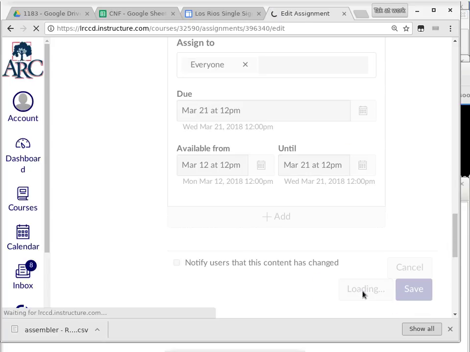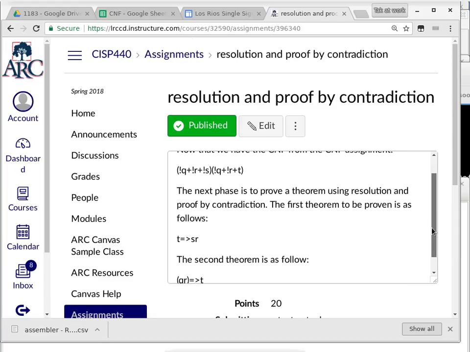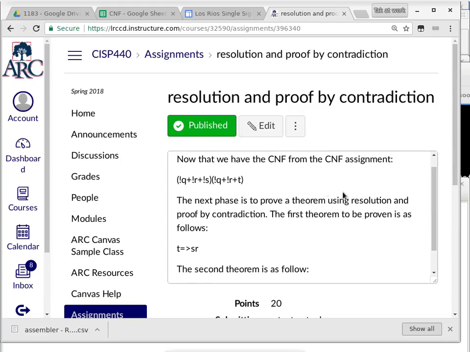Alright, so this one is now saved and published. Let me read the question first, just in case you have any questions about this. You can see how this new homework assignment starts with the solution of the previous one. I start with the CNF from the previous homework assignment, and now what we need to do is prove or disprove two potential theorems.